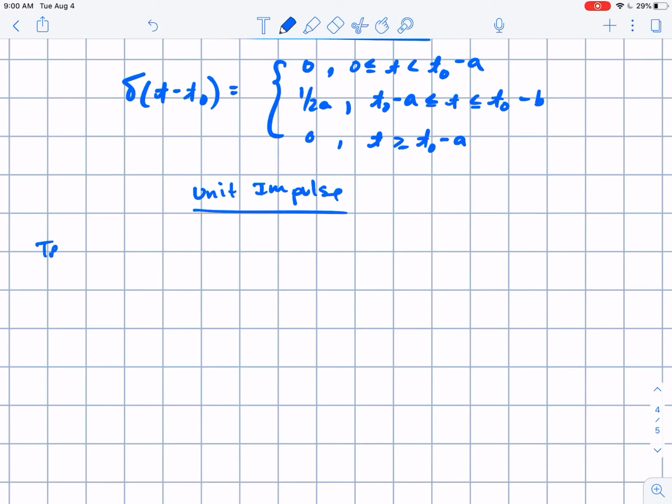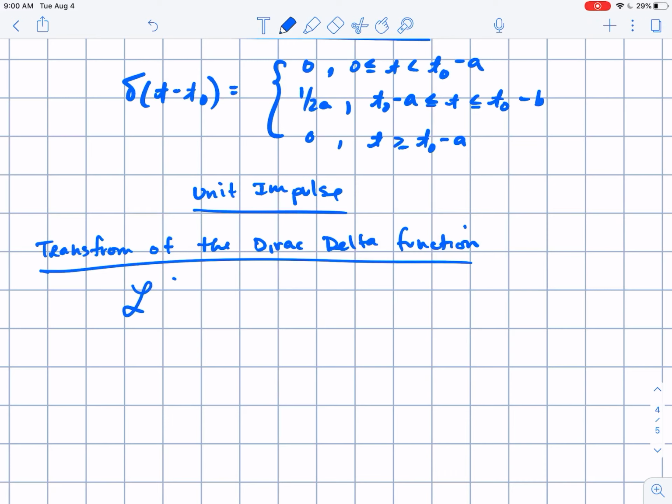But the main thing that we want to know is this transformation. So the transform of the Dirac delta function will look like this.